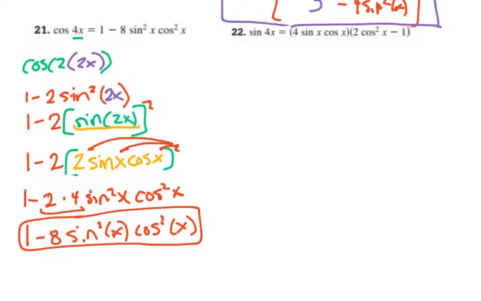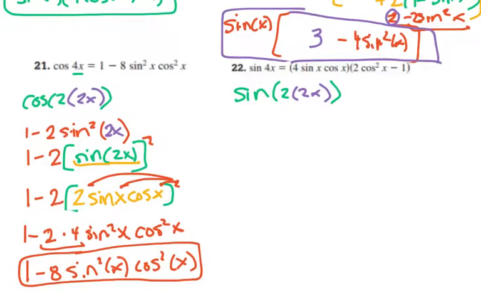Alright, and then our last one like this, we've got sine of 4x. We can start how we did with cosine of 2 times 2x and make this sine of 2, and then our value of 2x within.